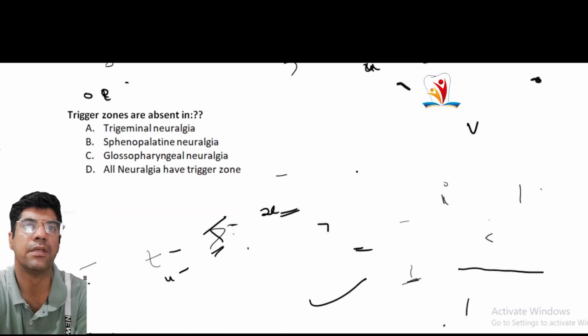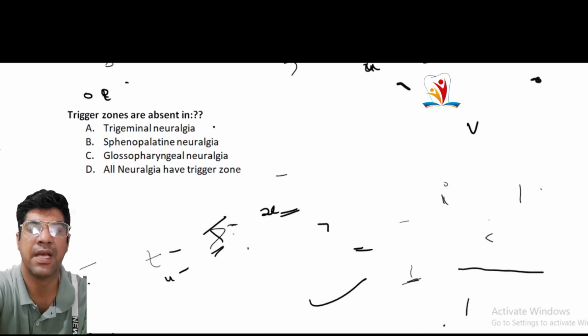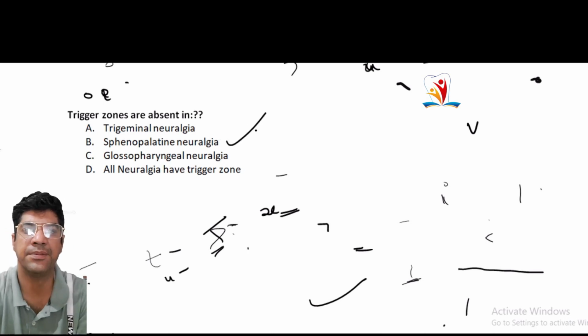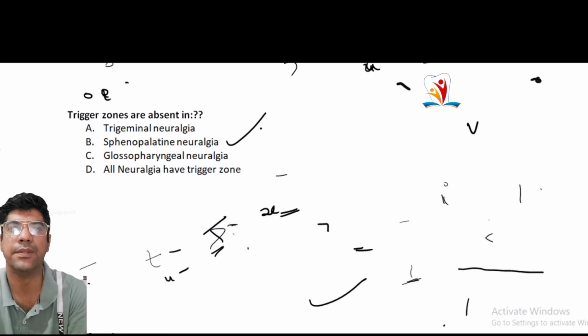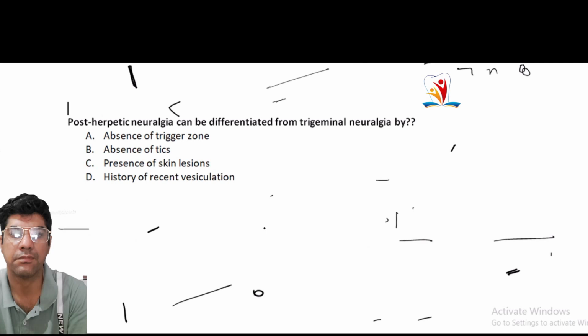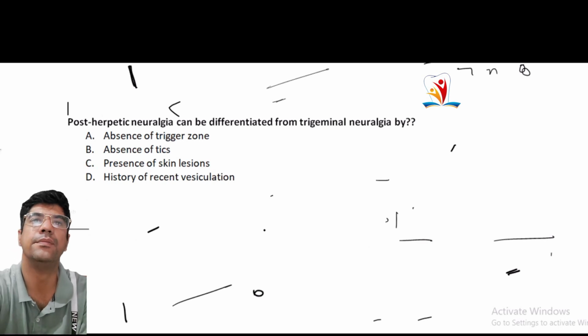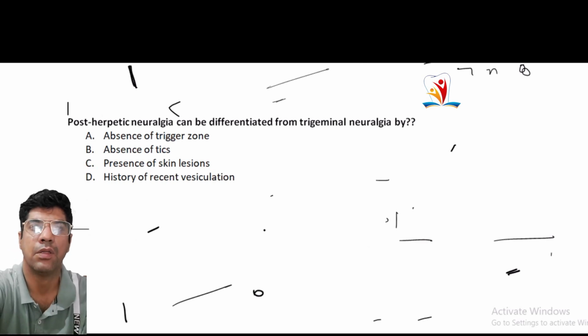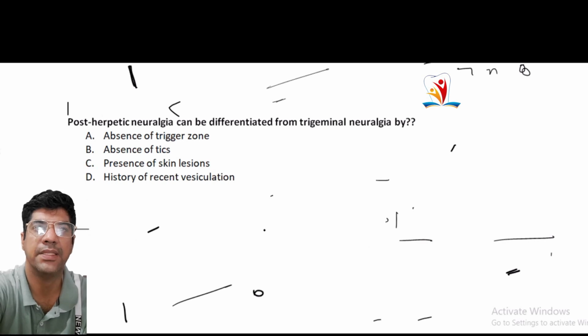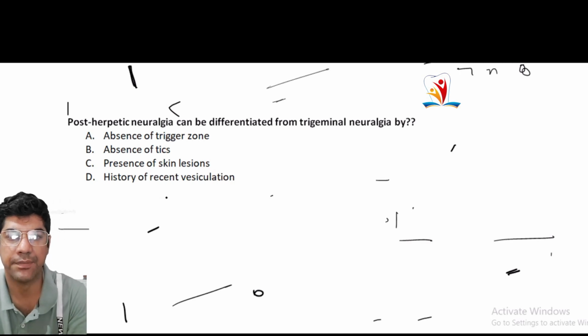Trigger zones are absent in sphenopalatine neuralgia. Post-herpetic neuralgia can be differentiated from trigeminal neuralgia by history of recent vesiculation.